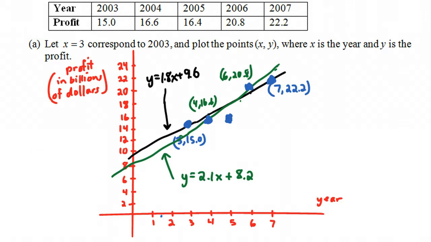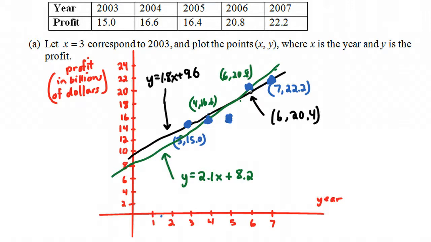If you remember, we looked at this model 1.8x plus 9.6, and we guessed what the profit was in 2006 based on this model. When we plugged in 6 for x, we got 20.4. So the actual point on this black line is 6 comma 20.4, but the actual data said that the profits were 20.8.